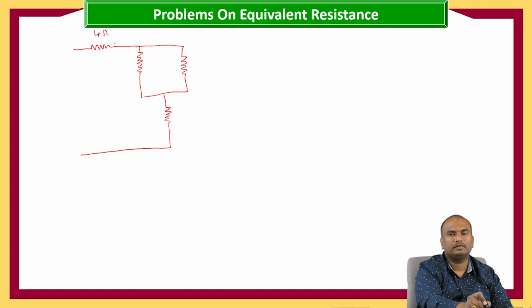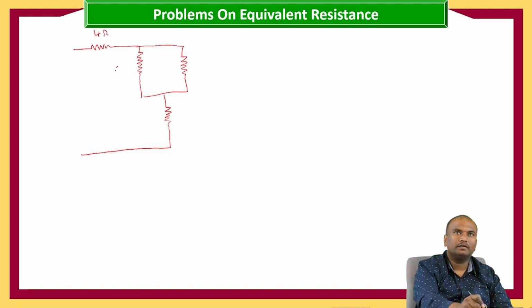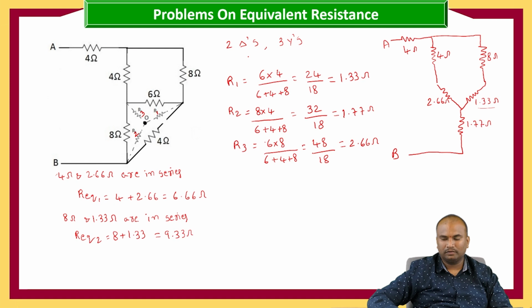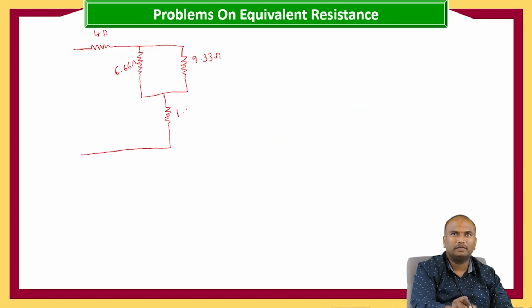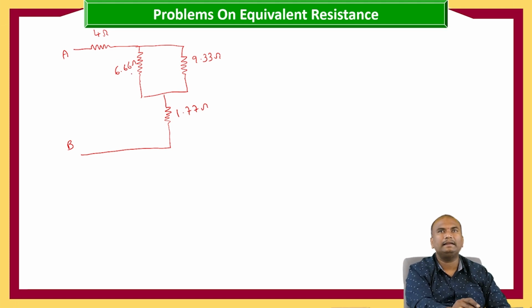Four ohms, 6.66 ohms, 9.33 ohms, 1.77 ohms. Now, if you see this circuit, these two are in parallel. That parallel combination is in series with 4 ohms and 1.77 ohms.